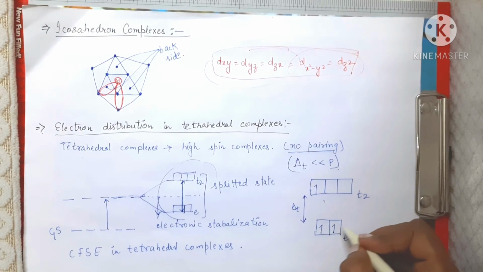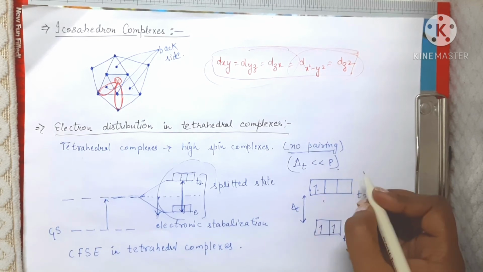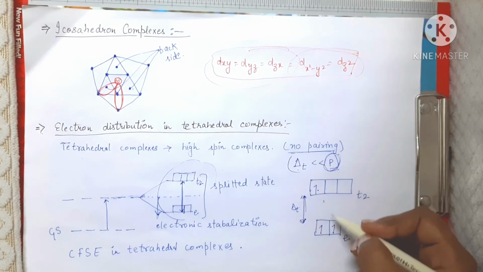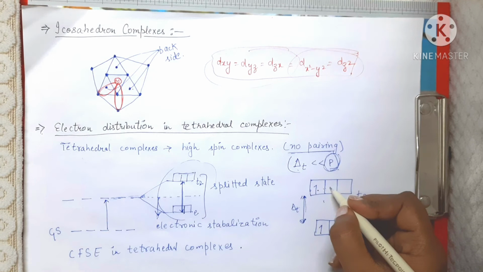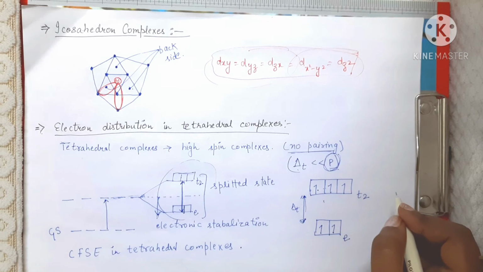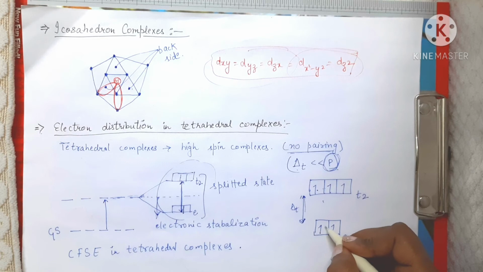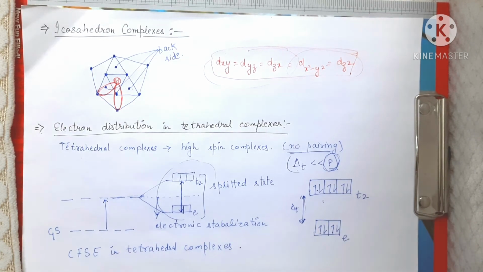So pairing energy is high as compared to this energy difference, and the electron goes to the T2 orbital. Now the fourth electron goes here and the fifth here. After that, when there is no option of occupancy of any other orbital, then pairing takes place. So the sixth electron will go here, then 7, 8, 9 and 10. I hope the electron filling is clear now.